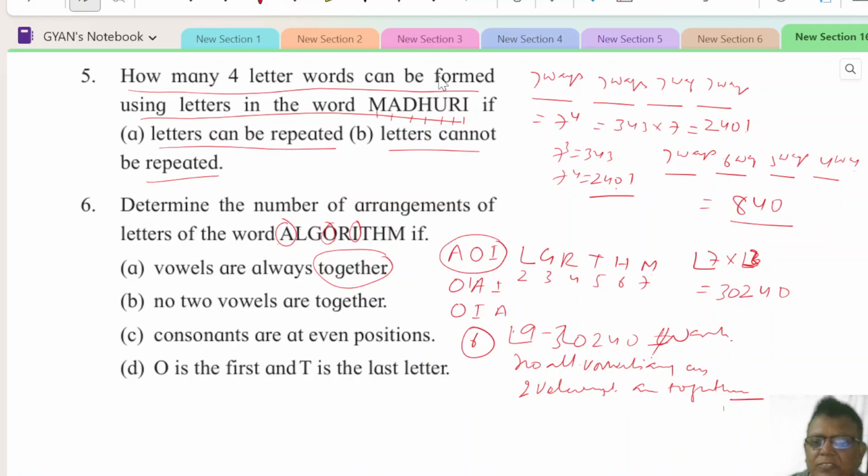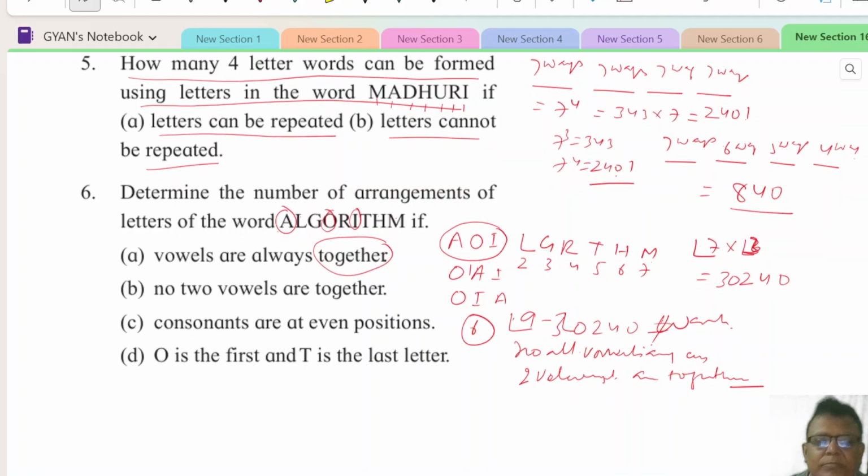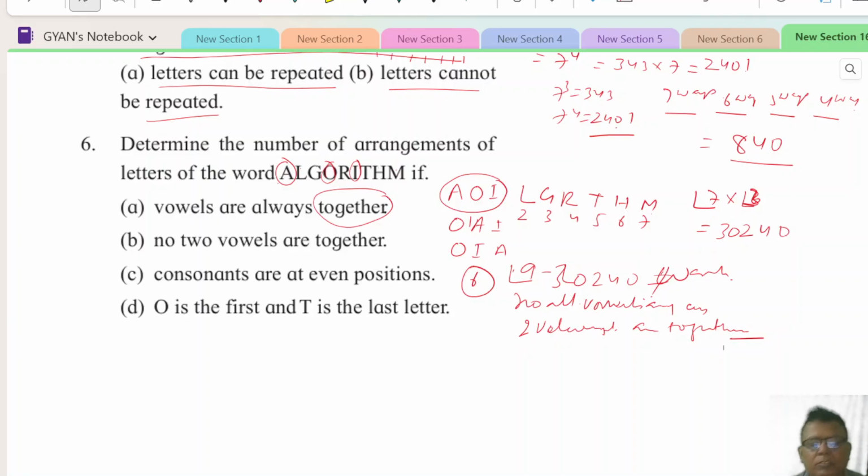So what you will do? You do one thing. First you write the consonants and create gaps. Like first is a consonant, then again a consonant, then again a consonant, and so on up to the last consonant. So where can we put the vowels? Here, here, here, here, here, here, here. So how many places are there?